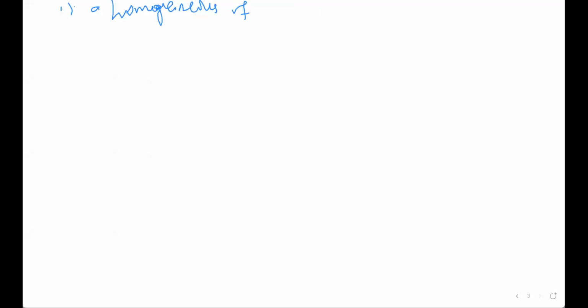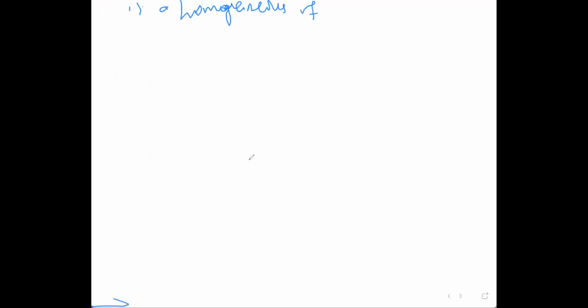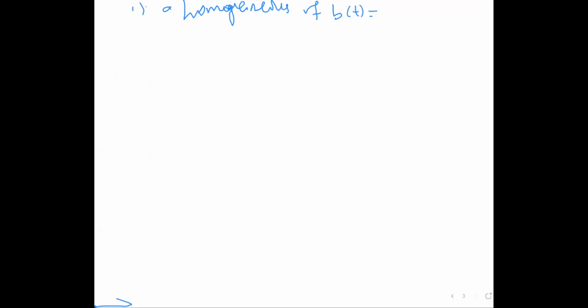One, we say that it is homogeneous if the source term b(t) is 0 for all t.